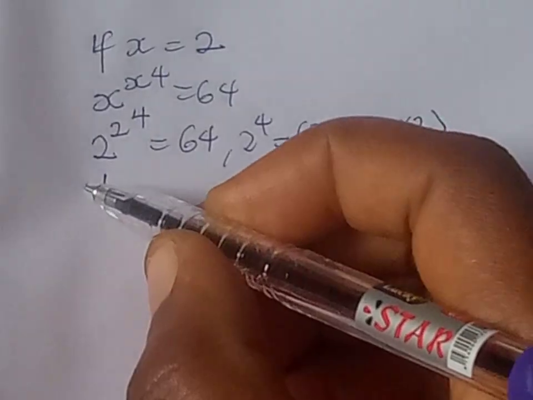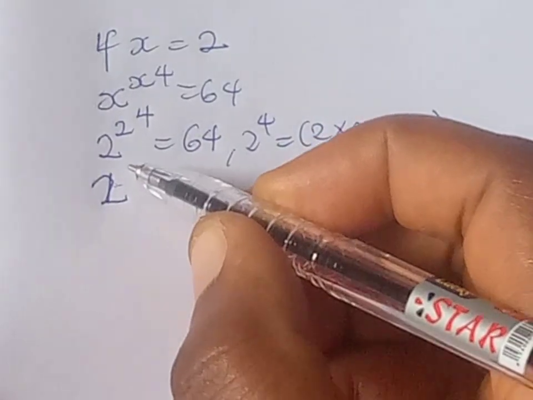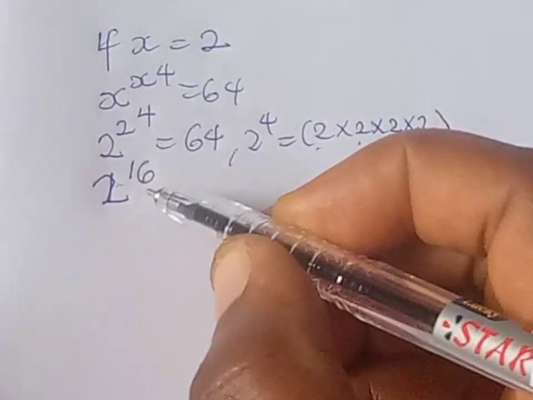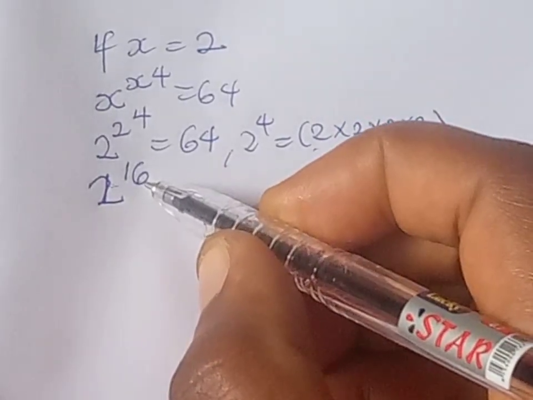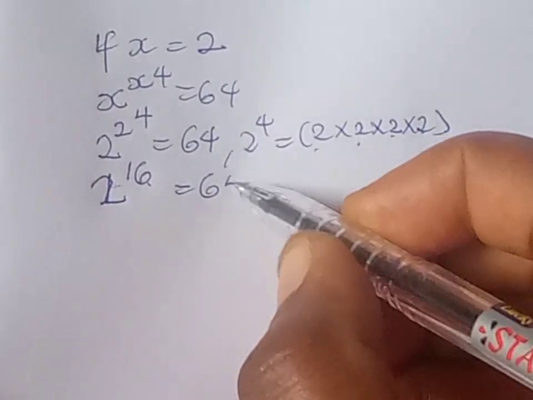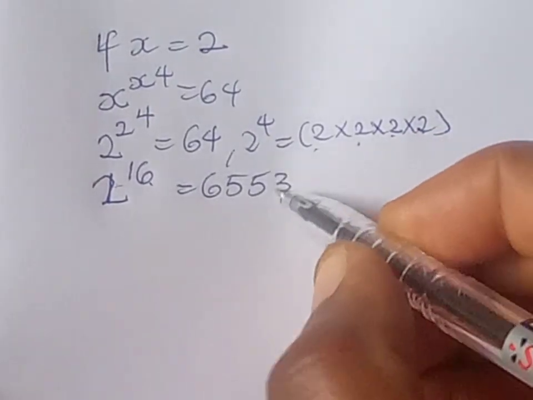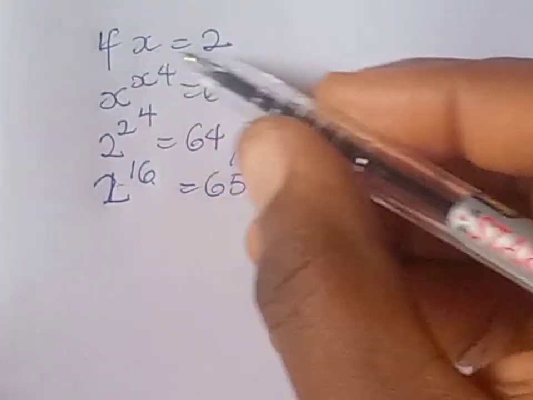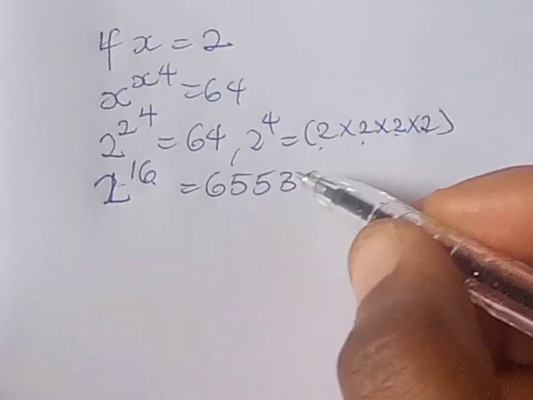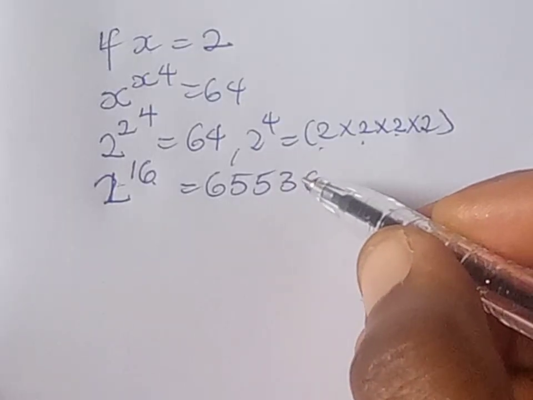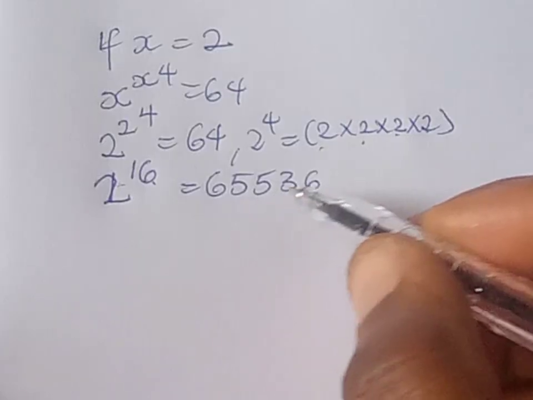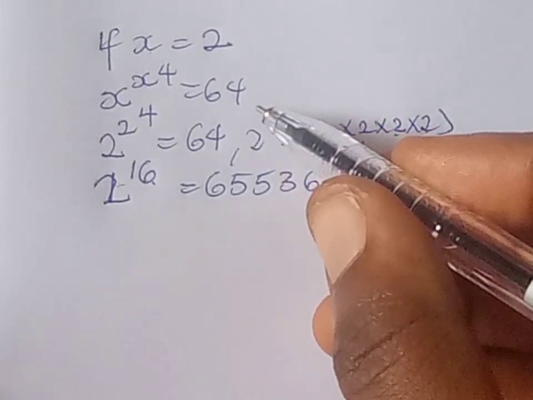So we have 2 raised to the power of 16, which will give us 65536. So x equals 2 doesn't work for this equation because the result is much larger than 64.